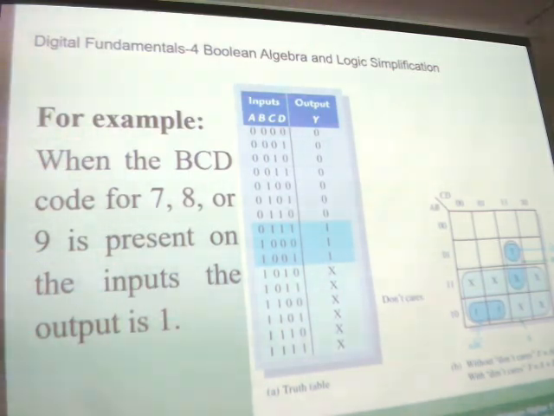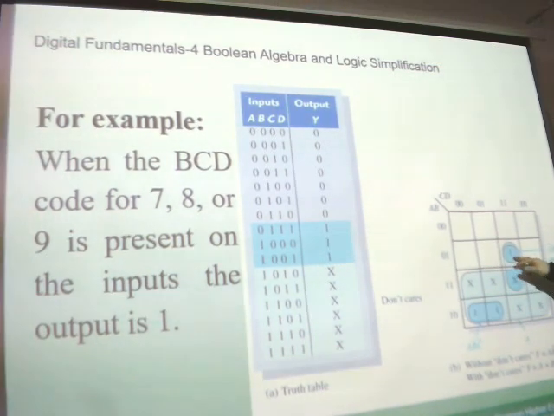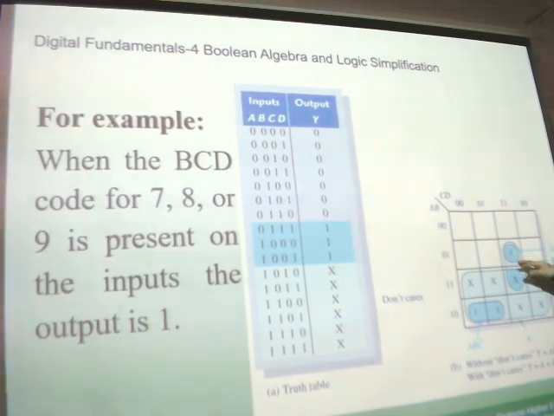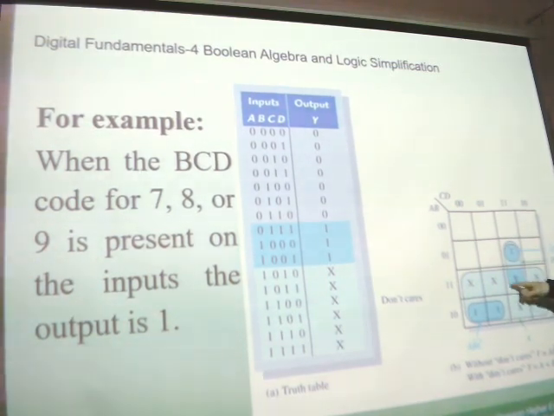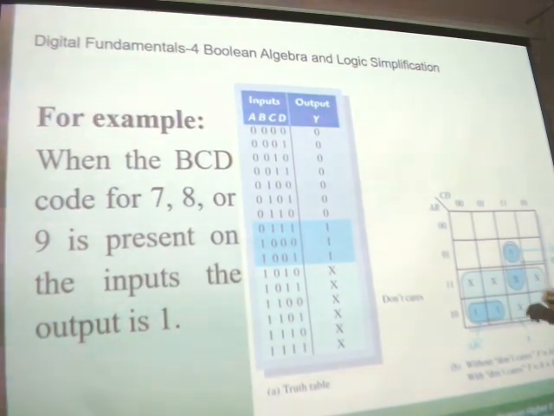So we must contain as many possible cells as we can in one group. For this one, we need to group these two cells into one group.